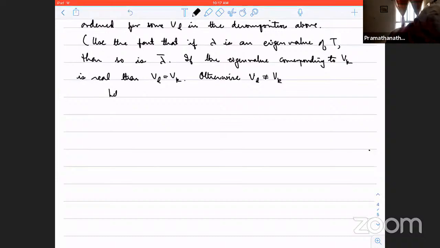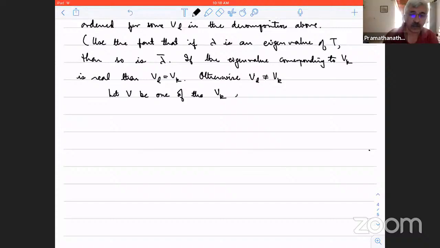So now let V be one of the VK, and without loss of generality assume V is equal to V1.